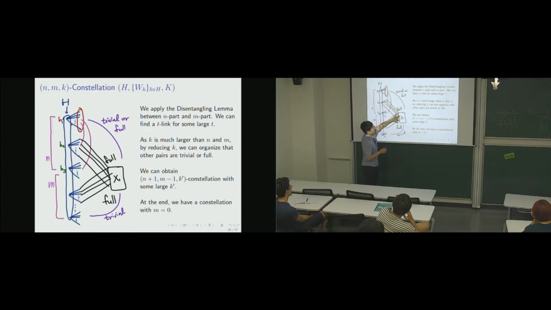Because this T is sufficiently large with respect to n, you can choose one of the stars which has full rank to here, and the same for this one. And then for the other guys, you can apply Ramsey to clean the edges. So you just take homogeneous or full rank between them. And then in the very simple case, this is connected by a matching to here and connected by a matching to here.